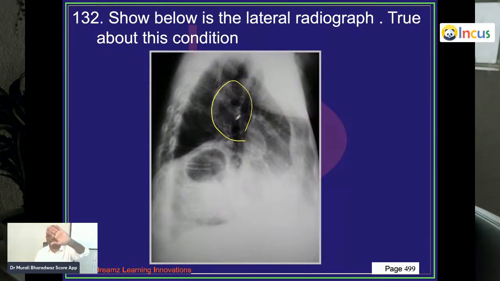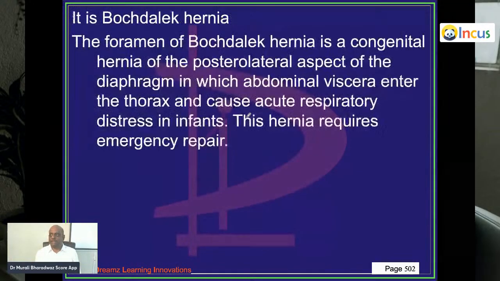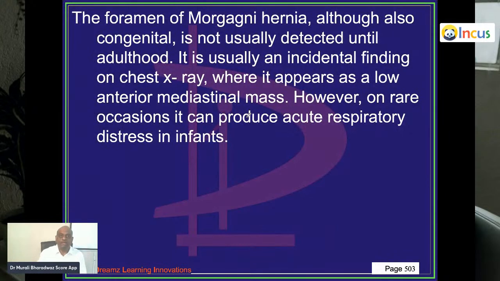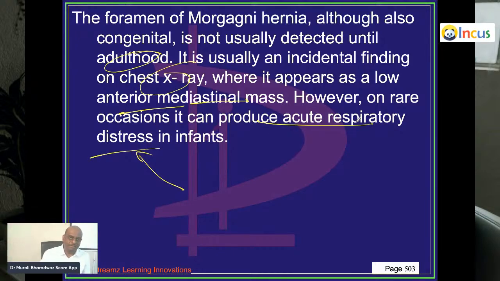If you take a lateral film, this is the diaphragm. At the posterior aspect of the diaphragm, there is herniation of the abdominal content into the thorax. This requires emergency repair. Whereas foramen of Morgagni hernia is seen in adulthood as an incidental finding, it appears like an anteromediastinal mass, and it can lead to acute respiratory distress rarely in infants.